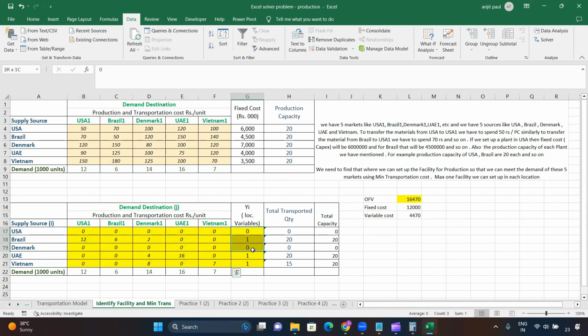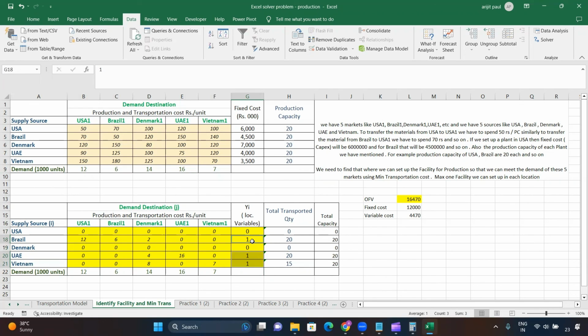And these are the locations where we are going to set up our plant. So basically, we are going to set up our plant in 3 locations. One plant we are going to set up in Brazil, one plant in UAE, and one plant in Vietnam.